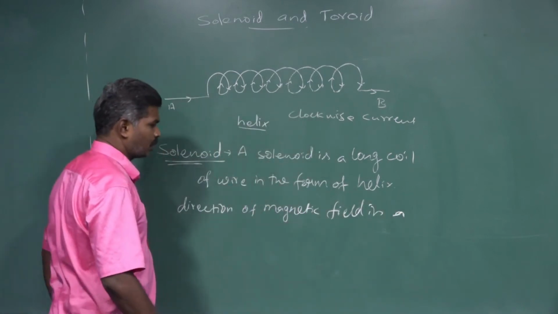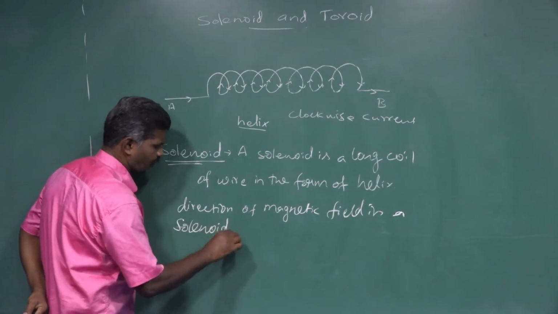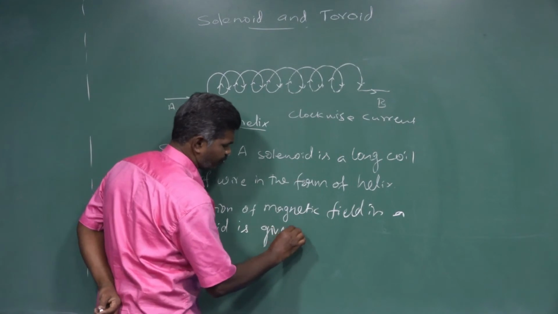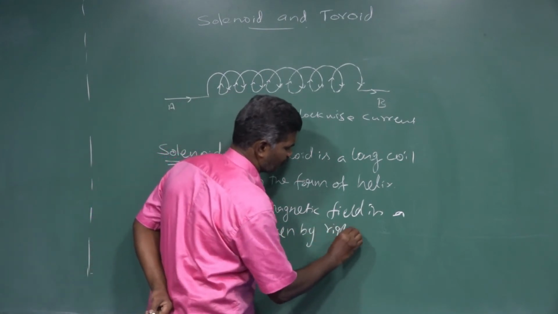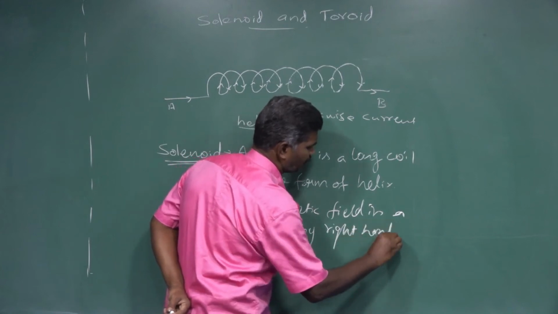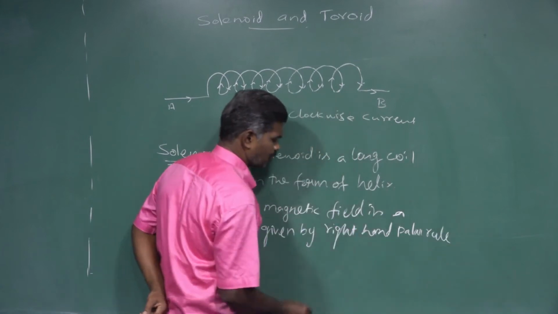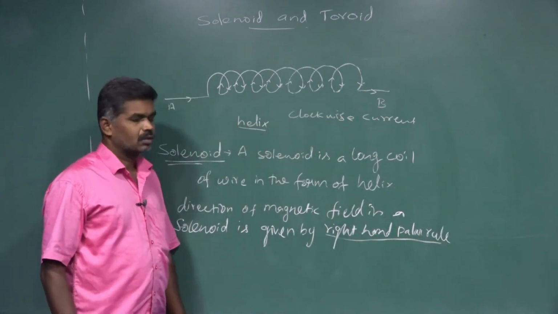The direction of the magnetic field in a solenoid is given by the right hand thumb rule. We already know about the right hand thumb rule.